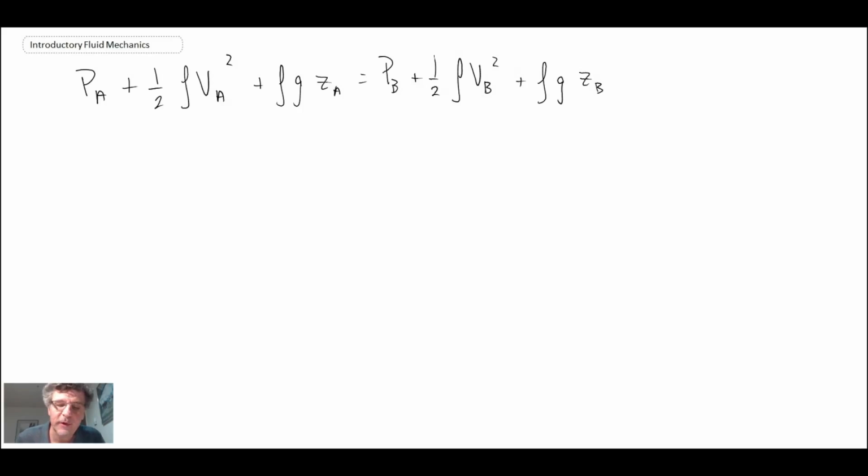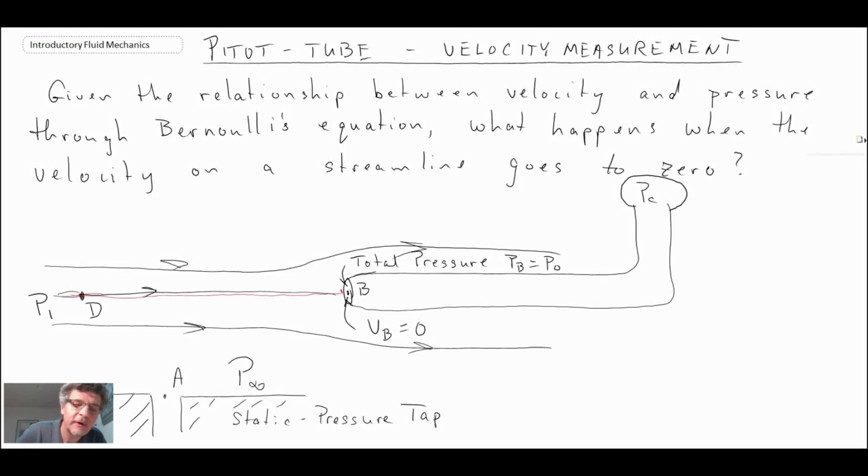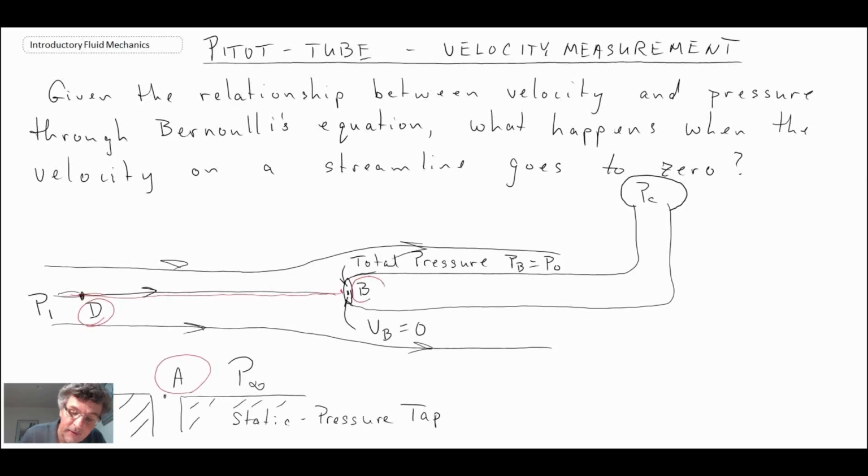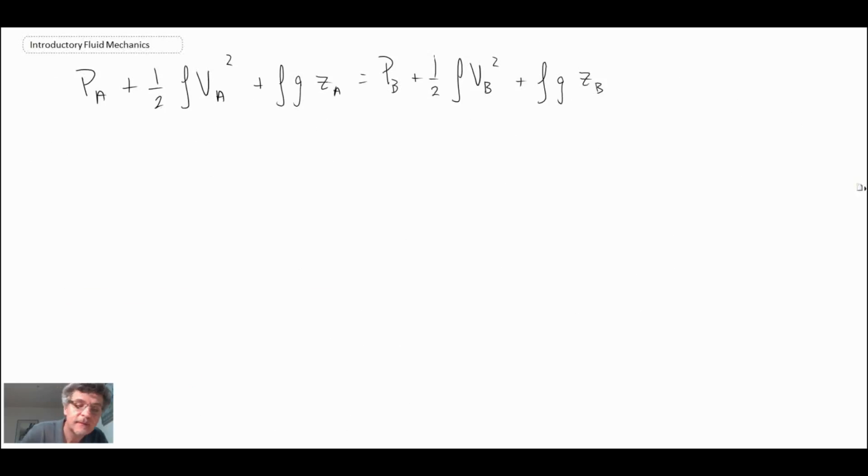So that is Bernoulli's equation, and we're evaluating it between 2 points. Point A, which would be similar to point D because that is a static condition, and the other point we had was point B. So point B is where the flow is stagnating. And we're going to assume that ZA is approximately equal to ZB.